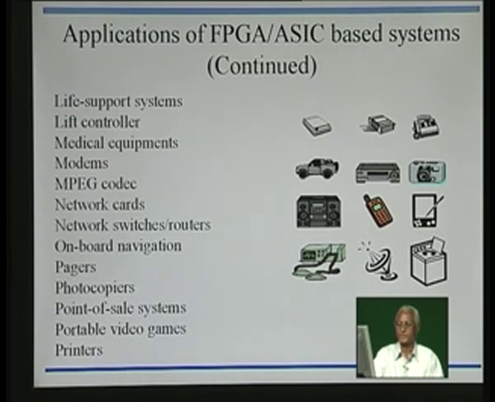So you know pagers, I do not have to explain all that, and so is the case for photocopiers. And what is meant by point of sale systems is, you would have gone to shopping malls, supermarkets, and you have a point of sale system there. So all your bills are being routed there, and all the items that you purchase will be separately labeled with a barcode.